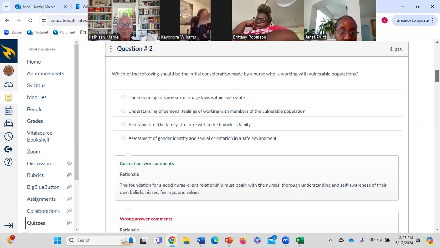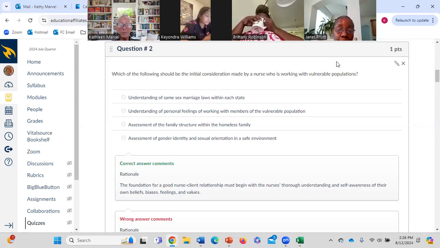We talked about how important it is to have a good understanding of your own personal feelings, identifying any barriers, prejudices or judgments you may have with vulnerable populations. It's going to be hard to practice culturally competent nursing with these populations if you haven't assessed your own feelings. The rationale: the foundation for a good nurse-client relationship must begin with the nurse's thorough understanding and self-awareness of their own beliefs, biases, feelings and values. It's got to be first and foremost.